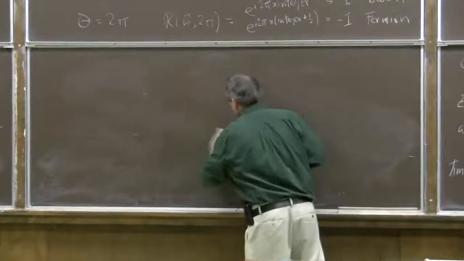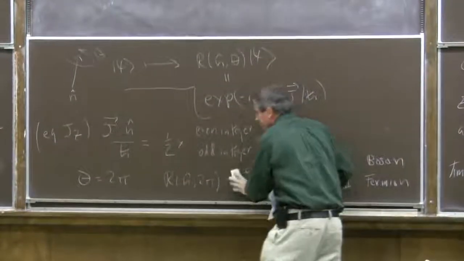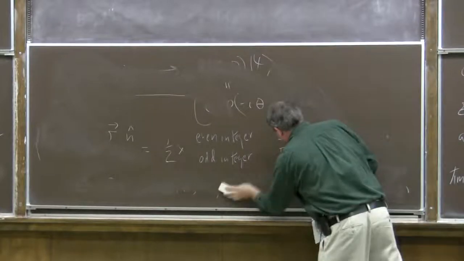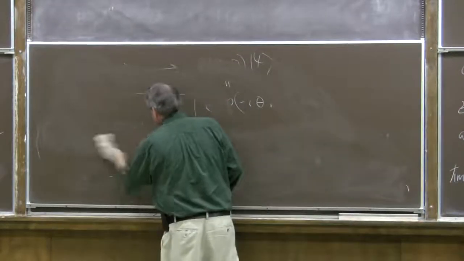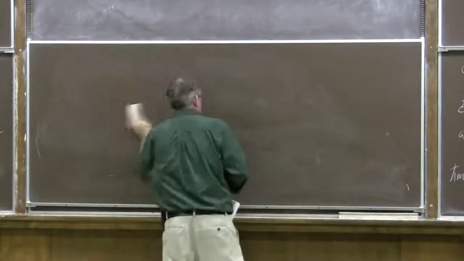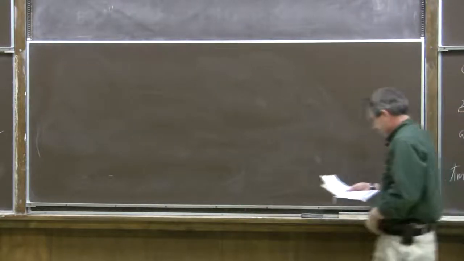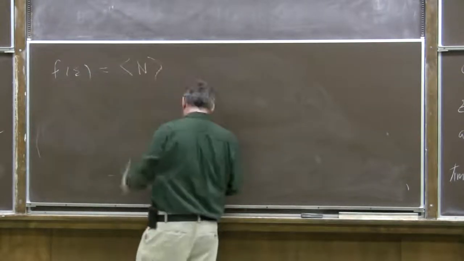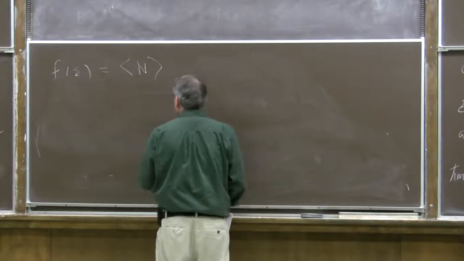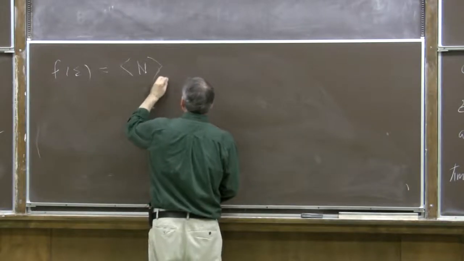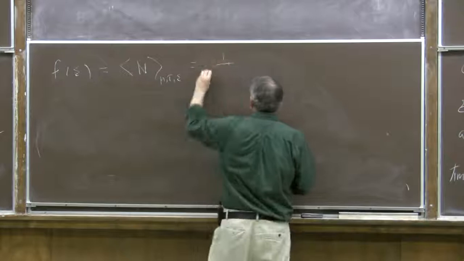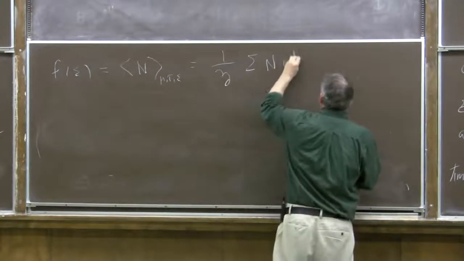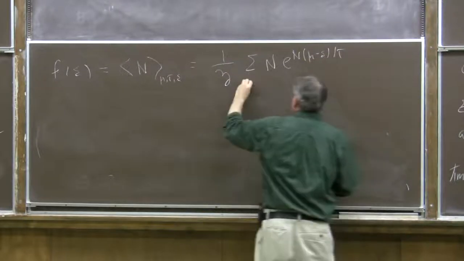Now, what is the expectation value for the particle number? So now our distribution function, the expectation value for the number of particles, which depends on the energy, but also on the chemical potential and the temperature, will be 1 over script z, the sum of n times the probability, which will be the Gibbs factor, e to the mu minus epsilon over tau, divided by script z.